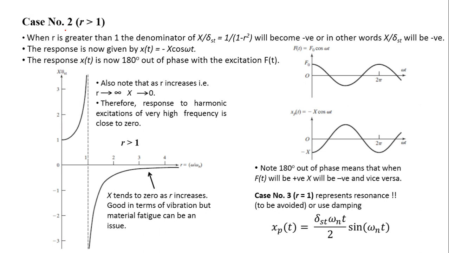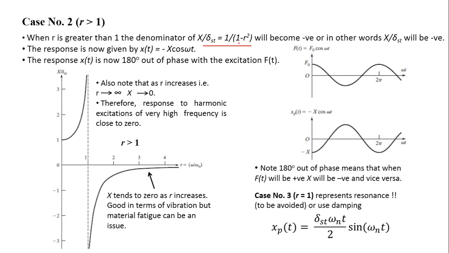Case number 2 will be when r is greater than 1. If you look at the expression of the magnification factor, you will see that when r is greater than 1, then the denominator will be negative.